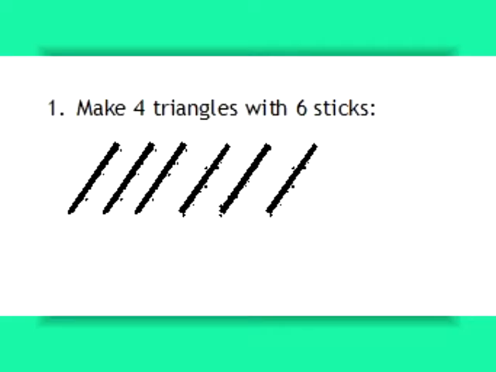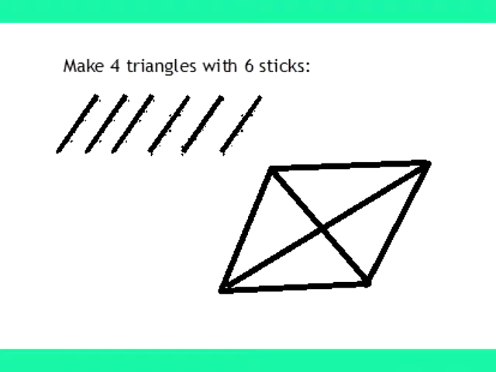As soon as you find out that it's impossible to make 4 triangles with 6 sticks, now you start to think about this solution. This solution is crossing 2 lines and bordering with the 4 other sticks around, and that gives you 4 triangles.